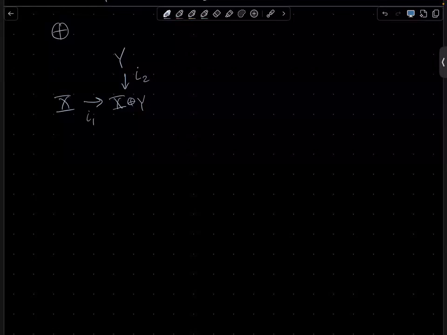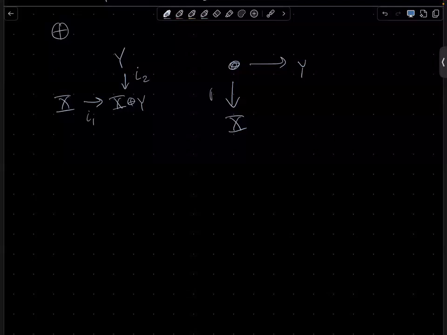Great. And now, what is the product supposed to do? The product is like the other way around. If I have x and y like this, the product is something that goes in here and two maps going out like this that satisfies some universal property with respect to this shape.